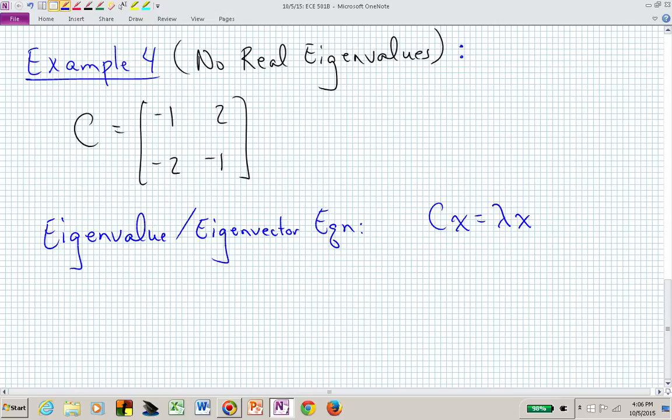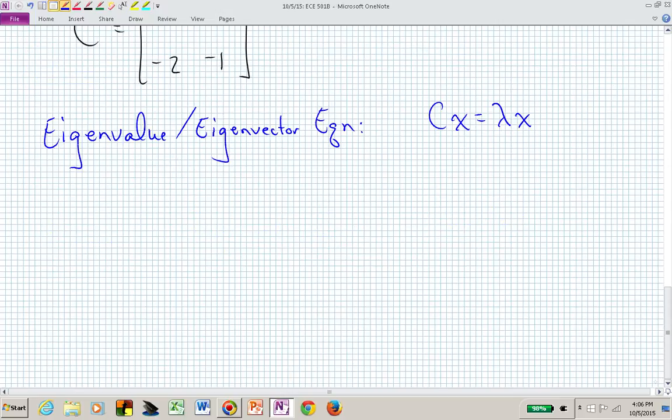But if we start with this eigenvalue eigenvector equation, that will allow us to say that we have C minus lambda I times x is equal to 0. We can just move lambda x to the other side, and we can factor out the vector x by inserting this placeholder, this identity matrix.